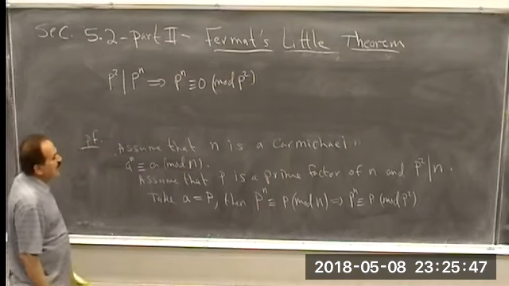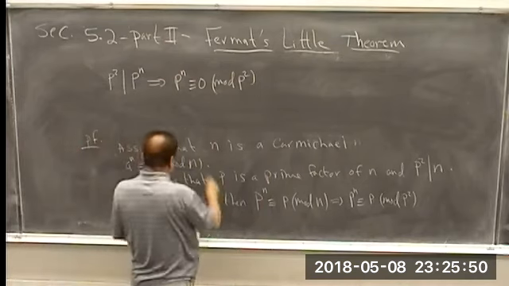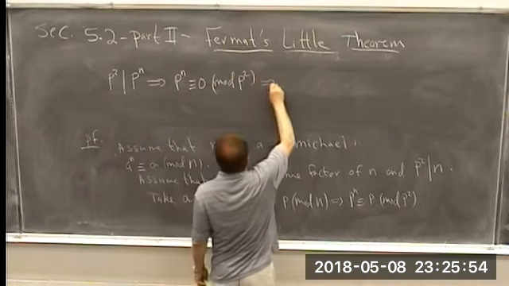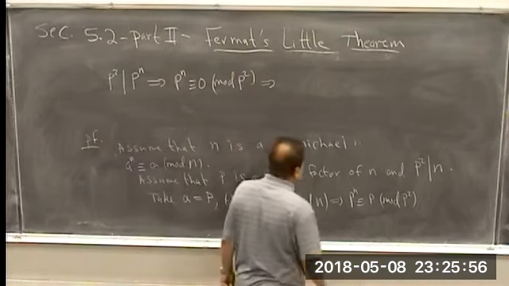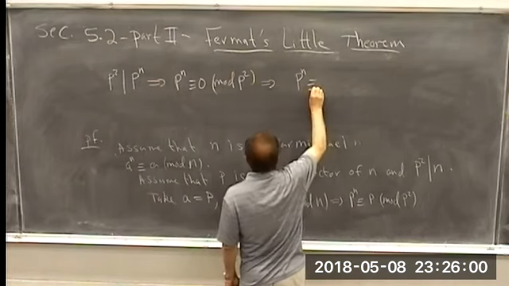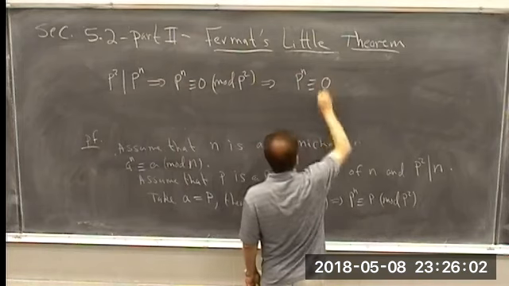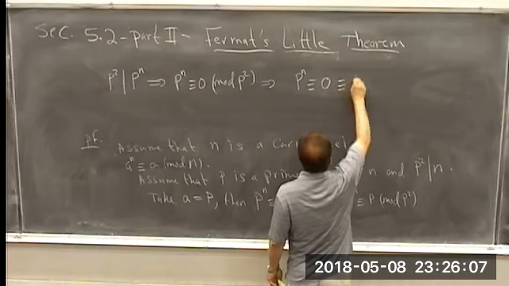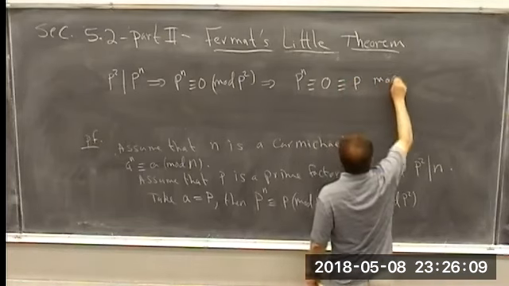All right, so altogether, this implies that P to the N is congruent to 0, and also P to the N is congruent to P mod P squared.